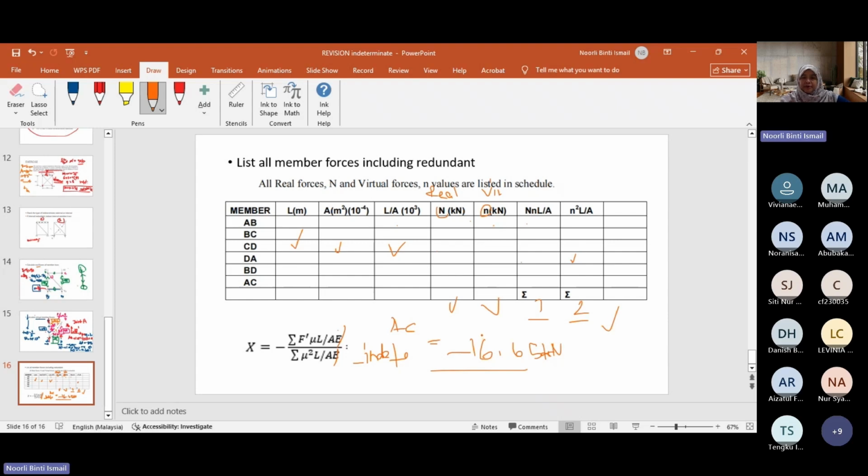If the question says find the actual member forces, you will have another column, the last second column. What is the formula for this?